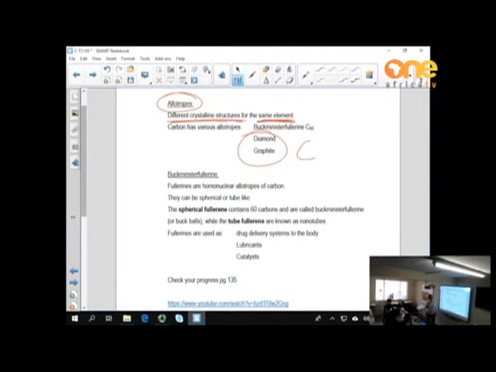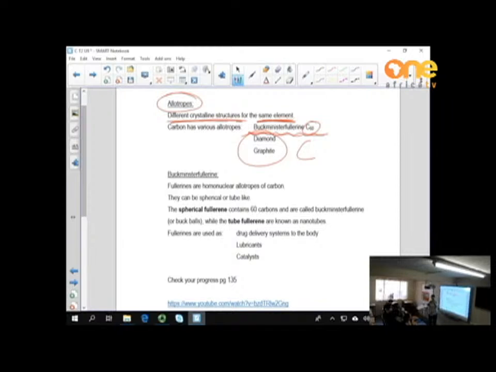So, there's a third allotrope for carbon, one that is called Buckminster Fullerene, or just very simply shortened to buckyballs. The Buckminster Fullerene consists of 60 carbons covalently bonded onto each other in a structure that looks like a soccer ball.